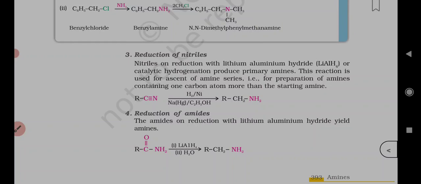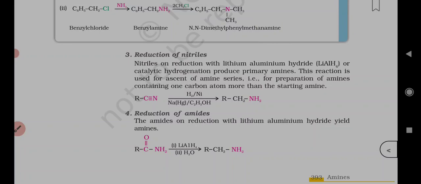Then it will form C6H5CH2C≡N, phenyl ethane nitrile, benzyl cyanide, and with hydrogen and nickel catalyst we will get 2-phenylethanamine. Okay, so this is the thing.